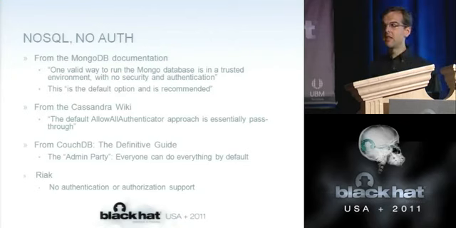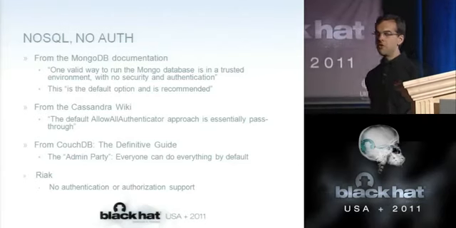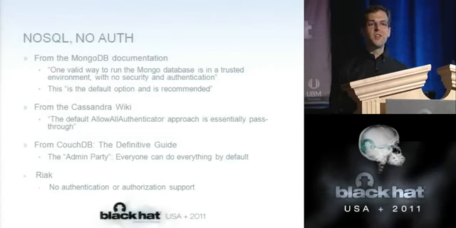And this is again a pretty big issue with NoSQL in general. Most NoSQL databases actually actively discourage you from using any kind of auth on the database, which is crazy to me. Here are some quotes from the documentation of the different databases.